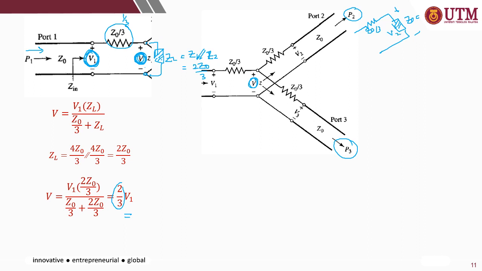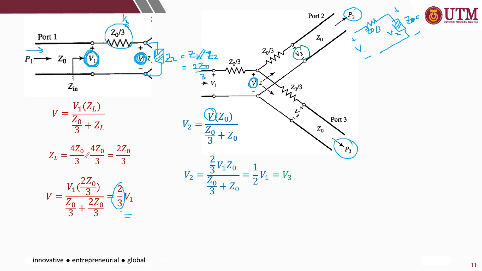The supplied voltage is V. Again, you can use the voltage divider. V2 equals V multiplied with Z0, in this case at port 2, divided by the total impedance. So what is V? From the earlier calculation, V equals 2 over 3 V1. Therefore V2 is equal to half V1.